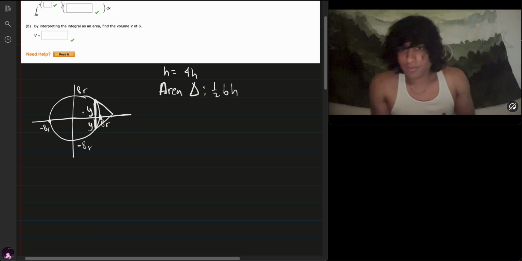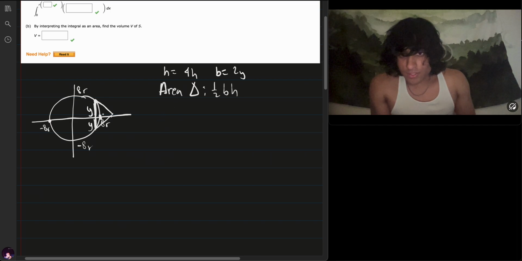And what is y plus y? Well, that would mean that our base right here, we can put that in red, base, is going to be 2y. So we can rewrite this area just in general, right?